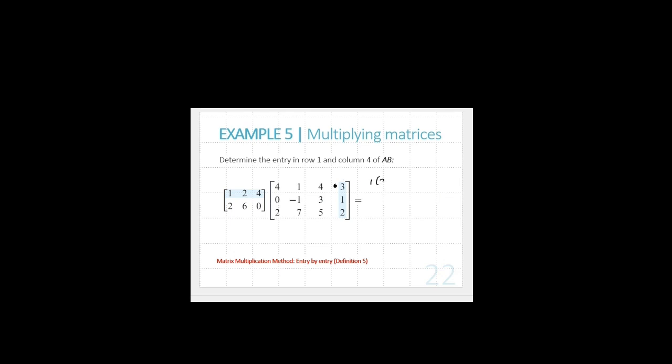Yeah, so we got 1 times 3 plus 2 times 1 plus 4 times 2. So what would that give us? 3 plus 2 plus 8? 13. So in whatever that new matrix is going to be, that spot right there will be a 13. Does everybody see that? Okay.